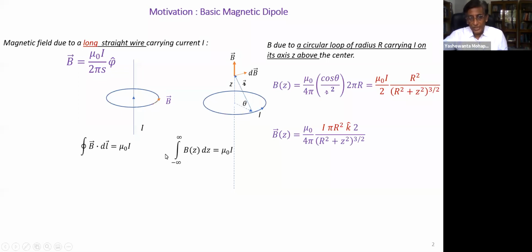So there is a certain symmetry between the two, and you also get mu naught I. It's just the integral from minus infinity to infinity, which is quite easy to do.